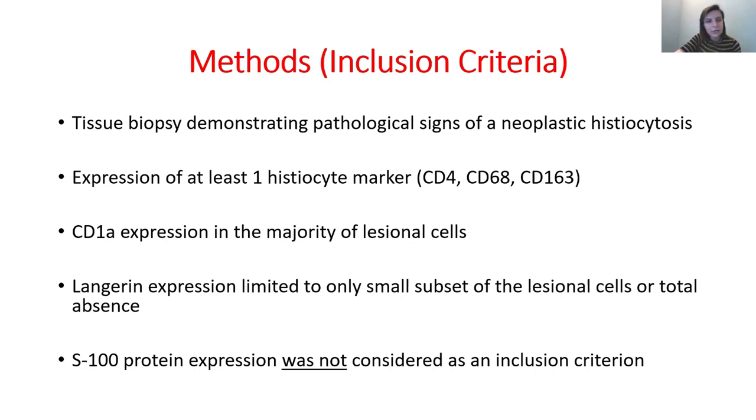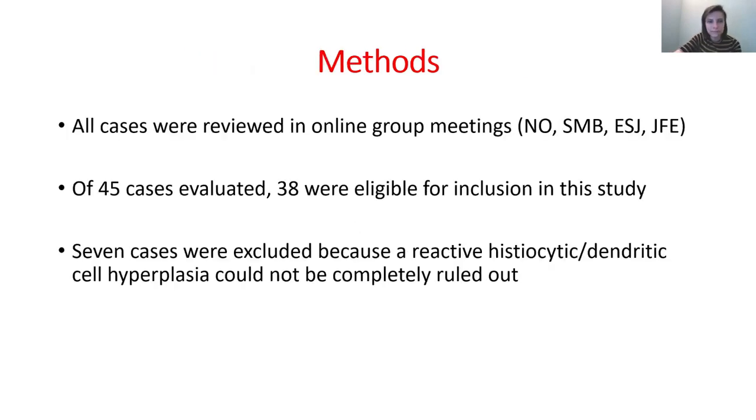CD1A expression in the majority of lesional cells, Langerin expression limited to only a small subset of the lesional cells, or ideally total absence. And S100 protein expression was not considered an inclusion criterion due to controversial data in the literature. We just wanted to be more inclusive initially.